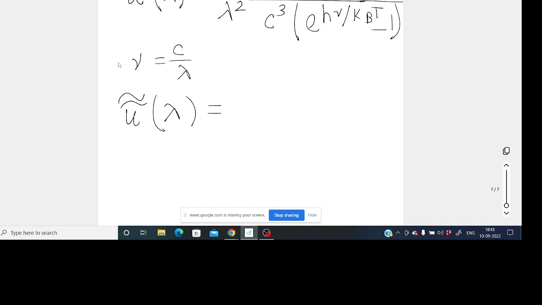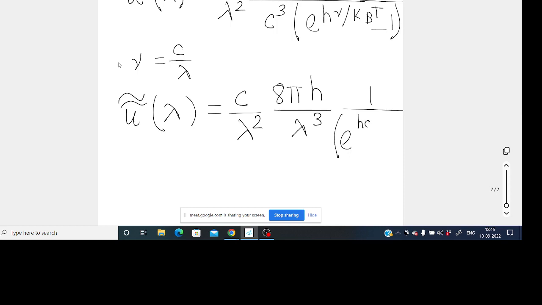So replace that here, then I'll get this equation.